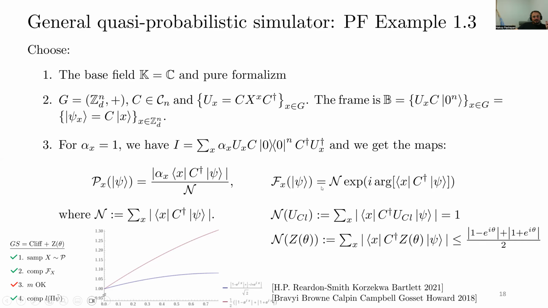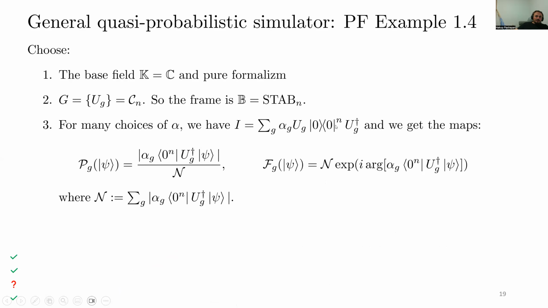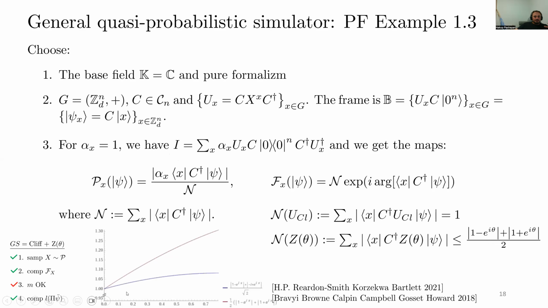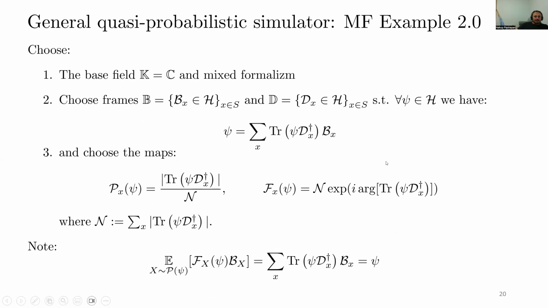Again, computation of these lengths is efficiently doable. So that's this example. I'm not going to talk more about this, but you can keep beefing this up. You can go to the full set of stabilizers as your frame, and then make fancy choices of alpha in order to get performances that scale more like this state of the art. But this is just an endless game one can play.